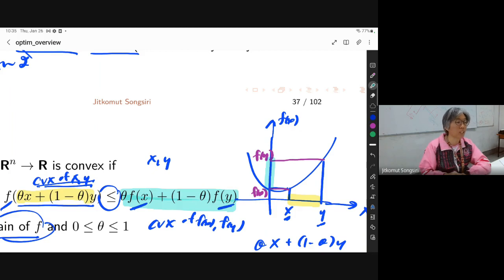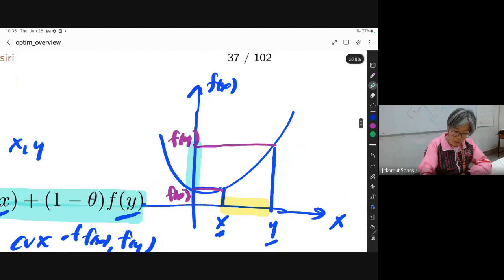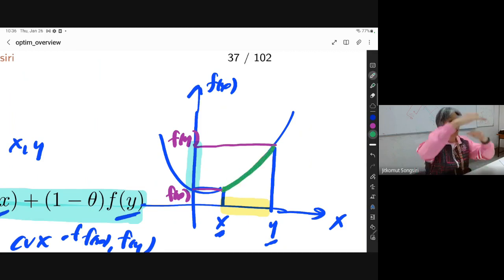So what's the meaning of this inequality? What is f of the yellow thing? So you're taking a look at this curve, and you see the value on the y-axis.